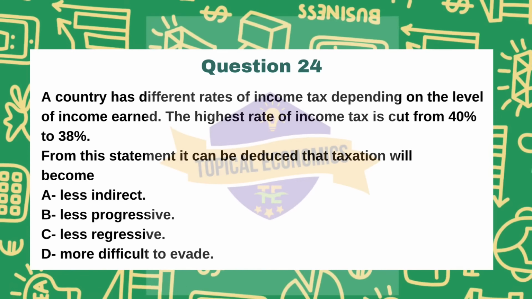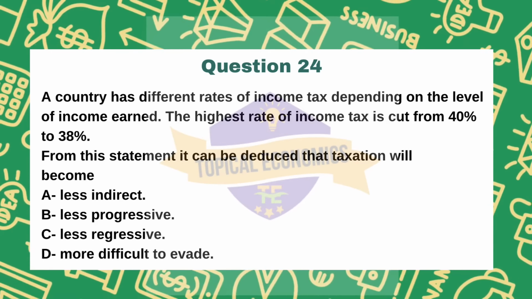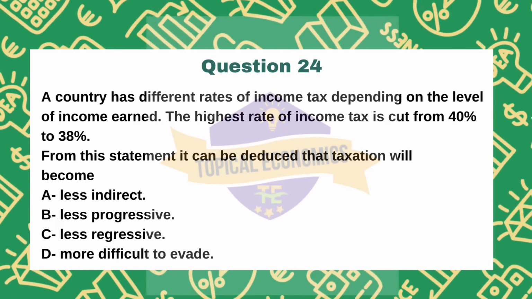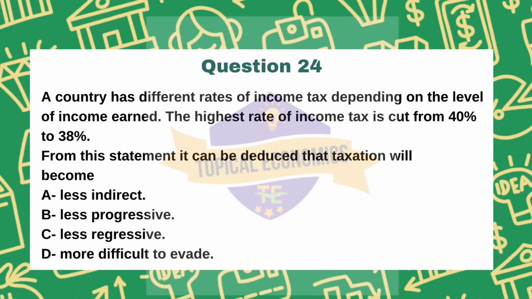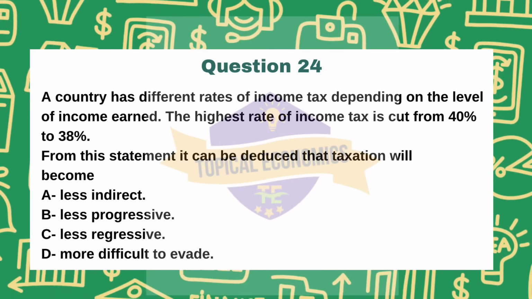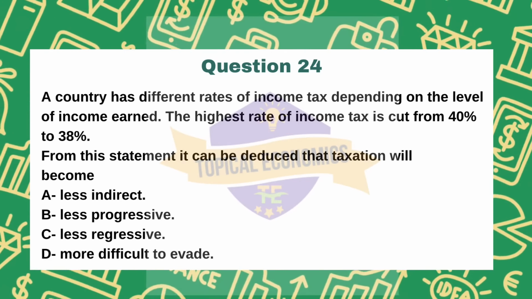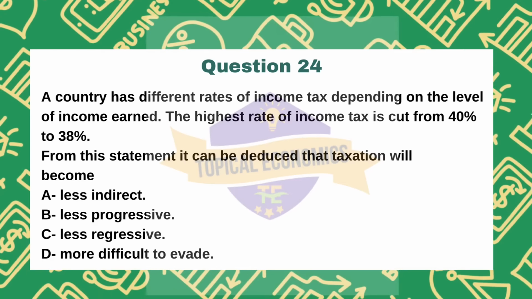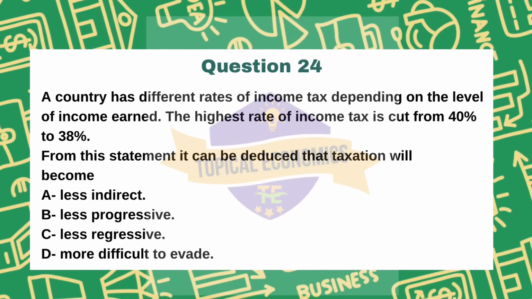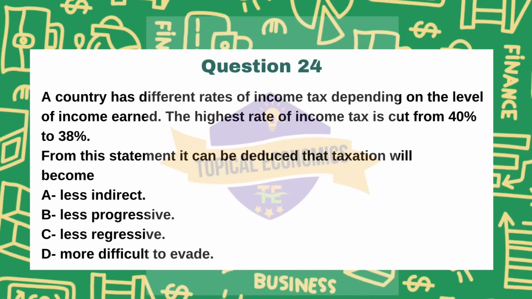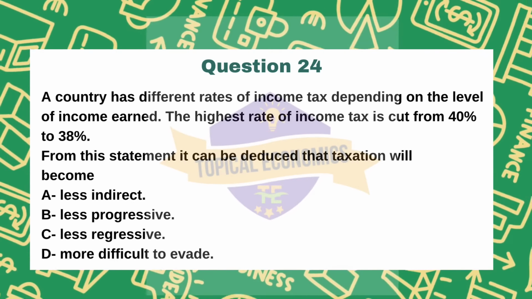Less progressive. When the highest rate of income tax is cut from 40% to 38%, it indicates a decrease in the tax burden on higher income earners relative to lower income earners. This change means that the tax system becomes less progressive, because a progressive tax system is characterized by higher tax rates on higher incomes. Analyzing the other options.